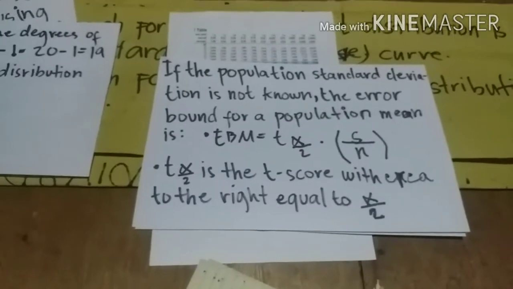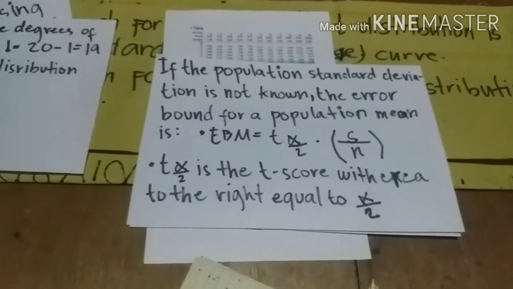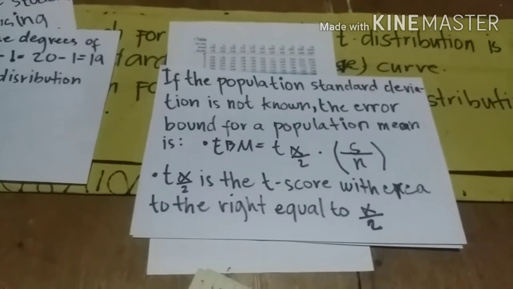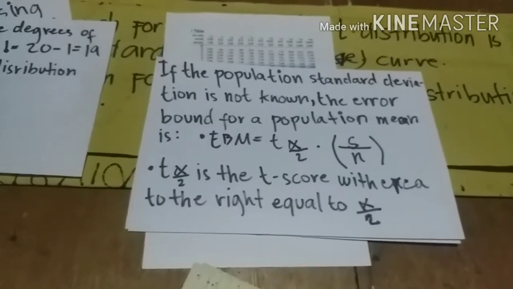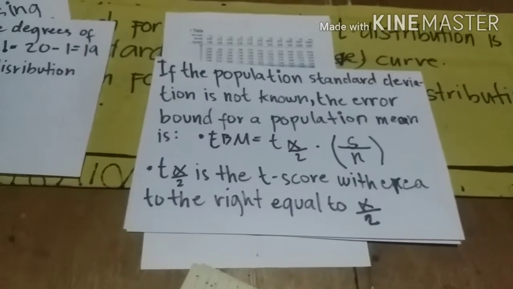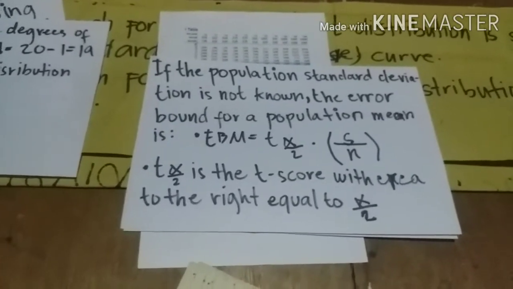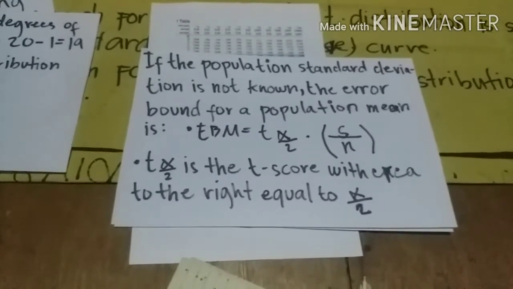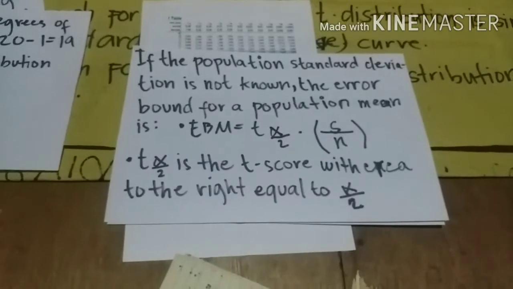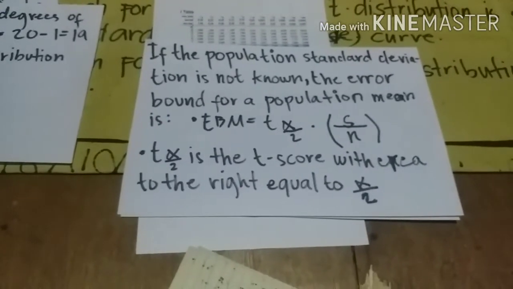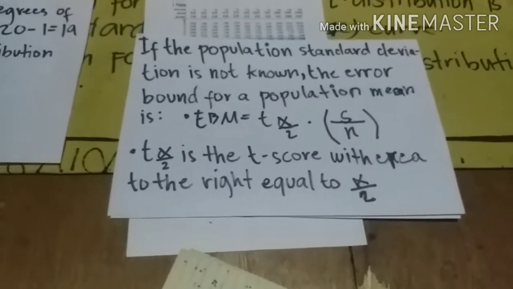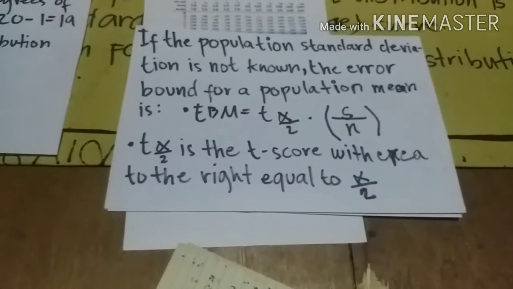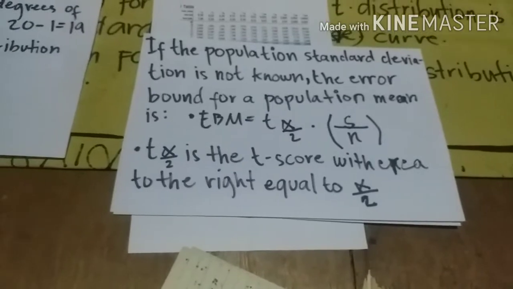So, error bound for the population mean is EBM equals t sub alpha over 2 times S, the sample standard deviation, over the square root of n, the sample size. So, t sub alpha over 2 is the t-score with area to the right equal to alpha over 2.